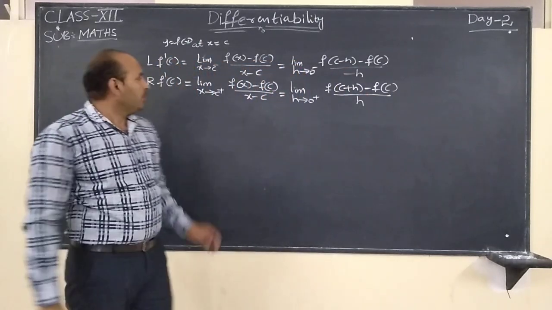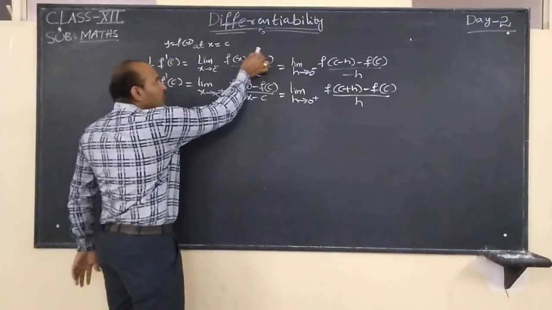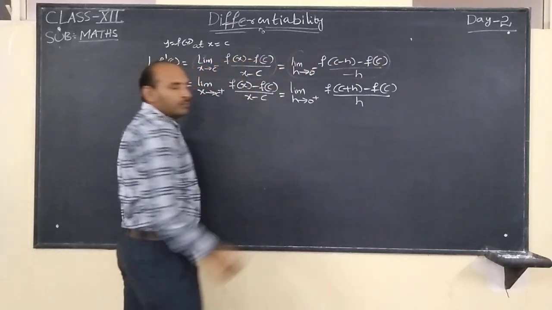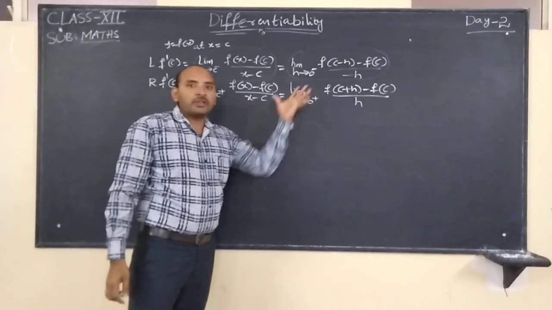So you can observe this is the left derivative value and this is the right derivative value. You can use this formula for the left derivative, and for the right derivative you can use this one and also this one, both are the same.